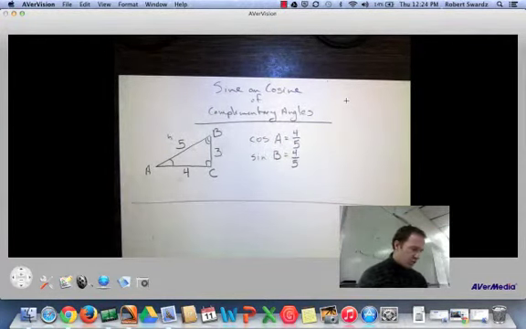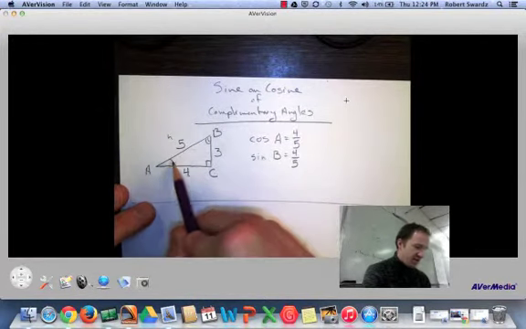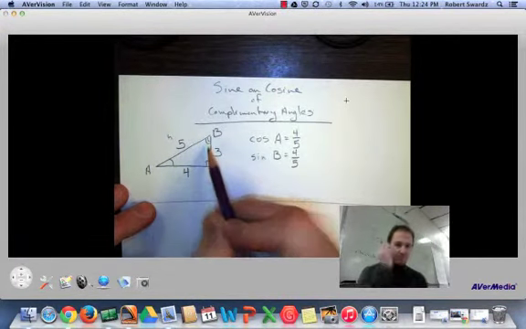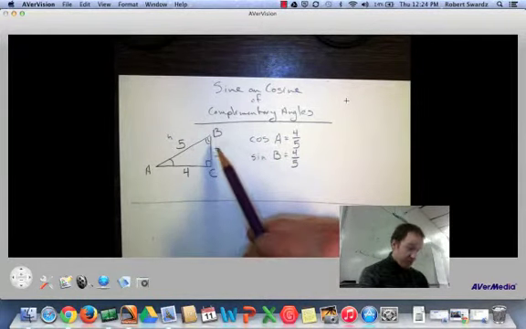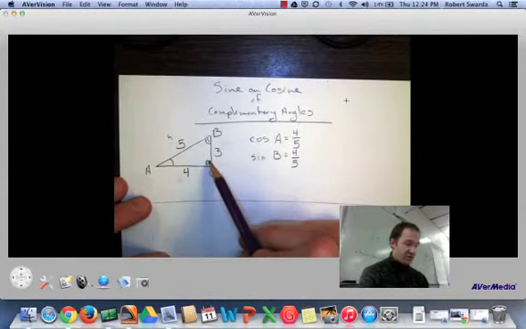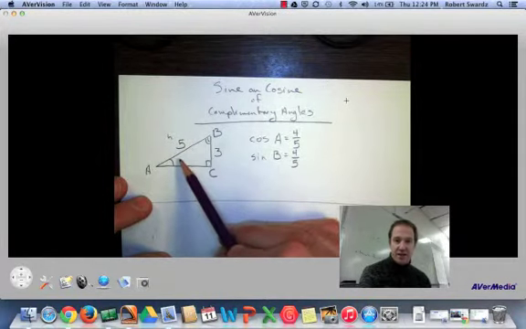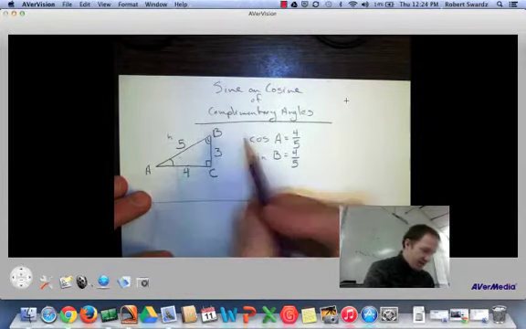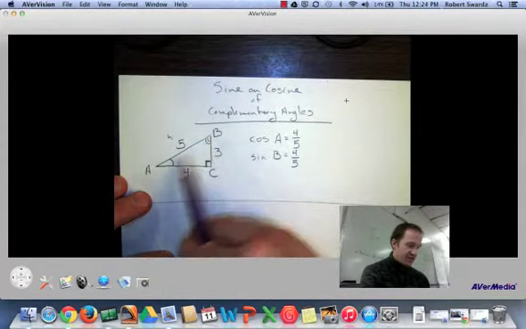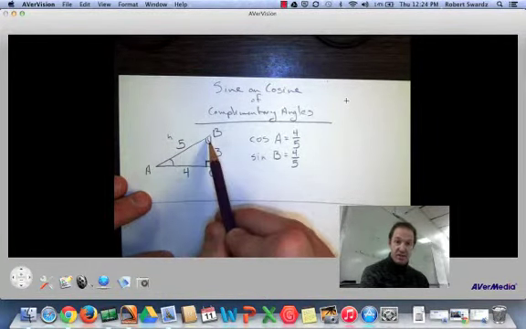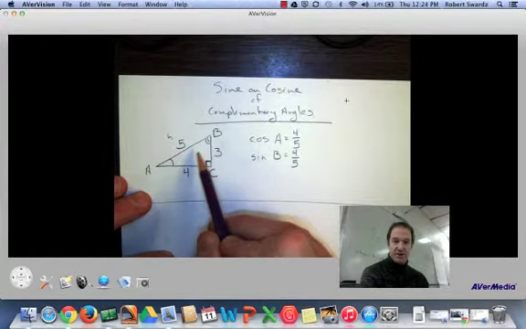Now, what is special about angles A and B? Well, we know that the three angles in a triangle have to add up to 180. And if this angle is 90, that leaves 90 degrees combined for these two. That means these two angles have to add up to 90 degrees.